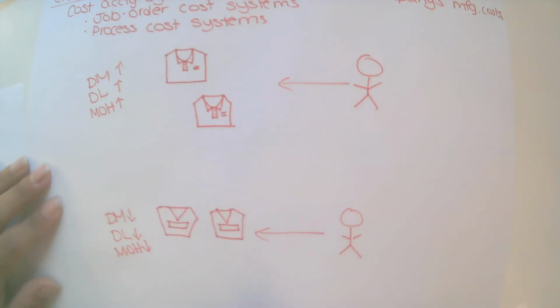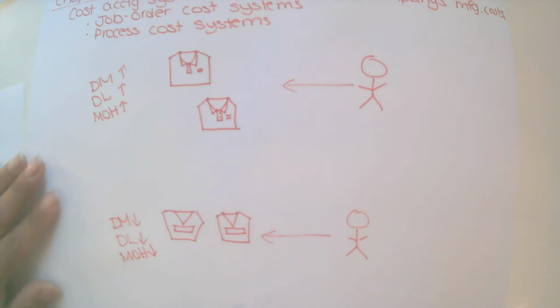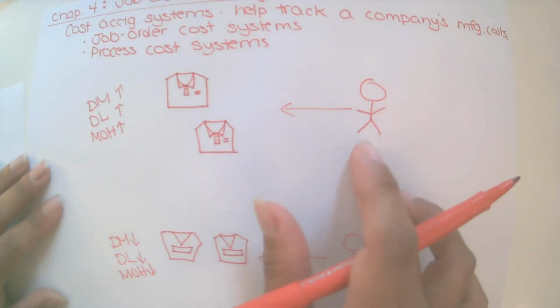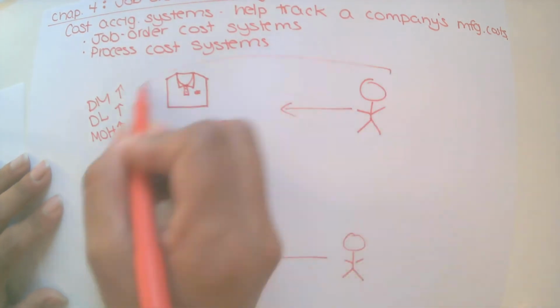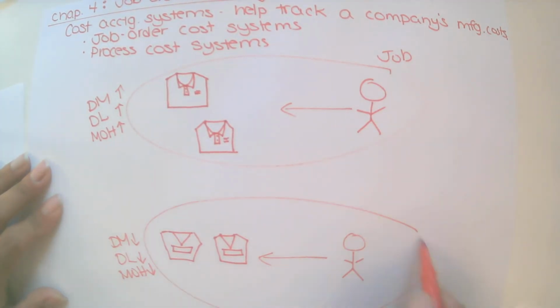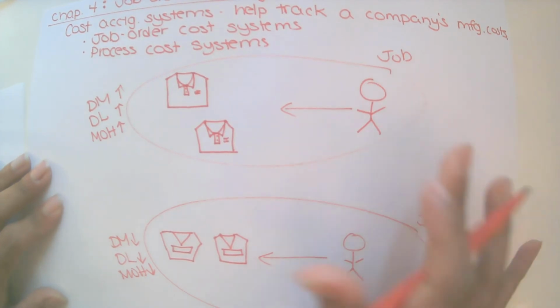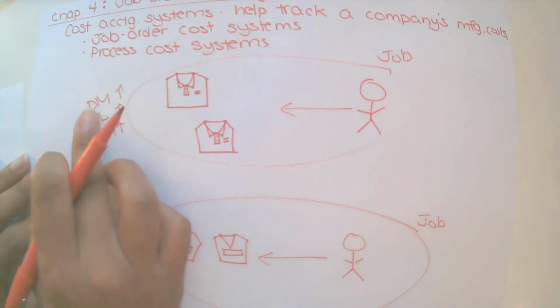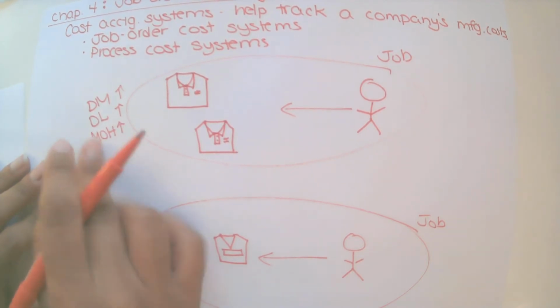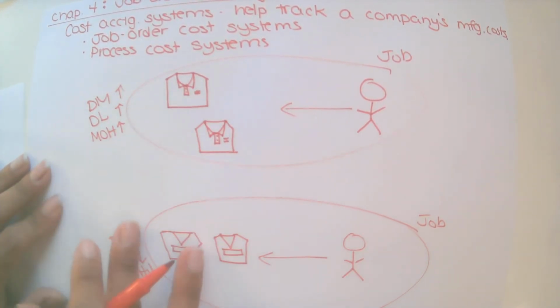So this company would be a good candidate for using a job order system. Why? Because of the products they're making by customer or by job. Each one of these we would call a job. Each customer order represents a job. Each one of these jobs has different material inputs, different labor requirements, and therefore overhead requirements. So the cost of these two are going to be different.